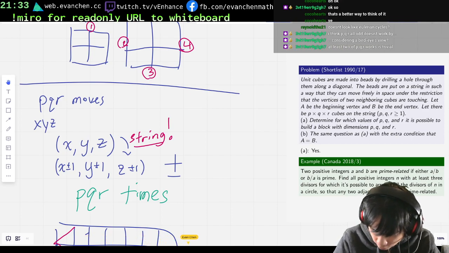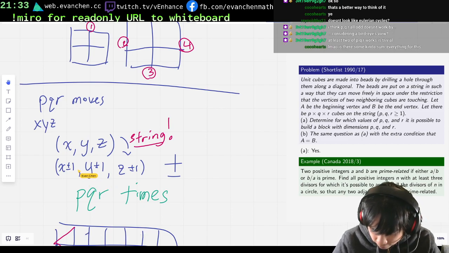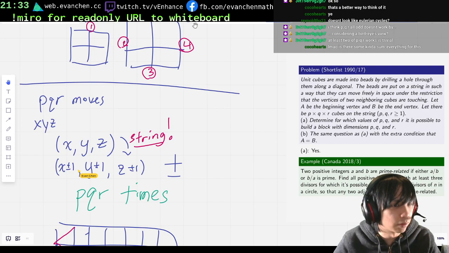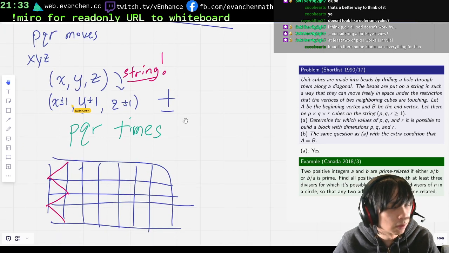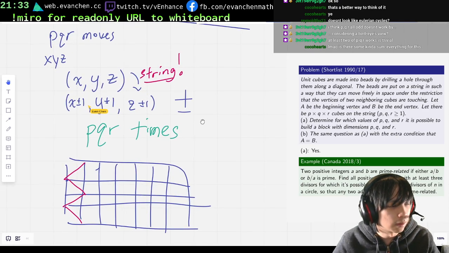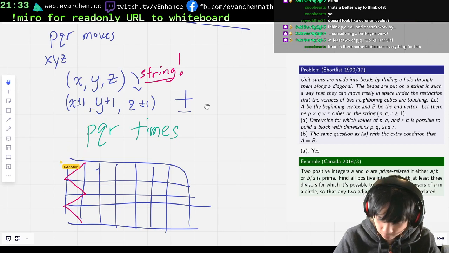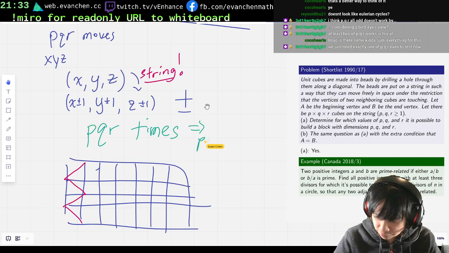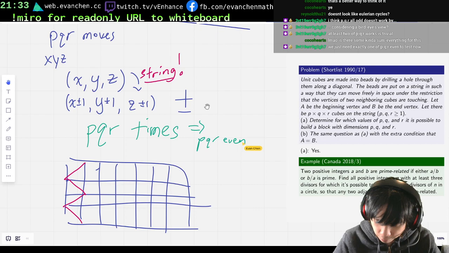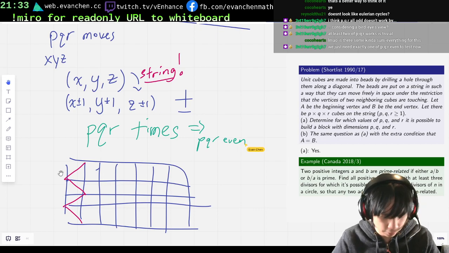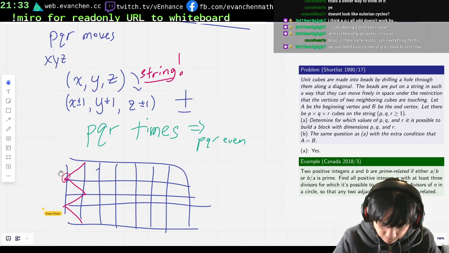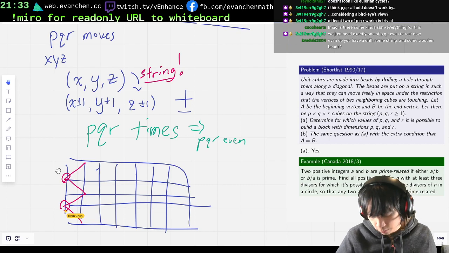Nope. Nope. All right. So I'm not even going to draw the two layers. Just imagine. So we have PQ is even. Imagine like these vertices here are on the top layer and the others are on the bottom layer.